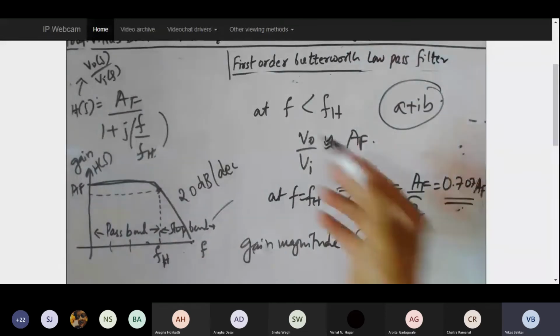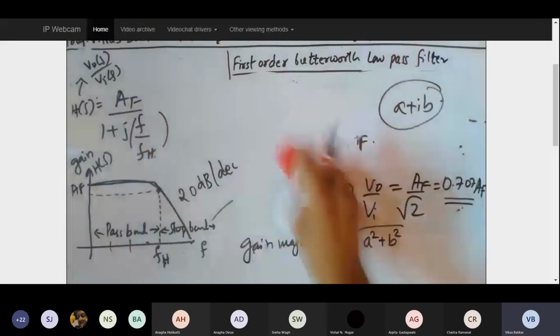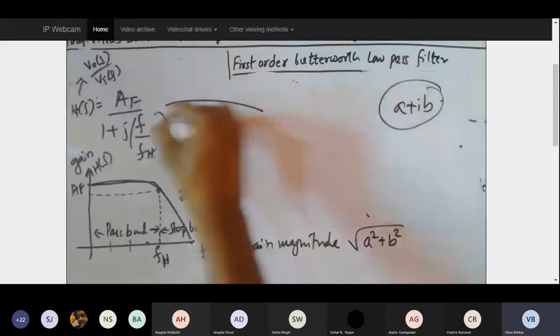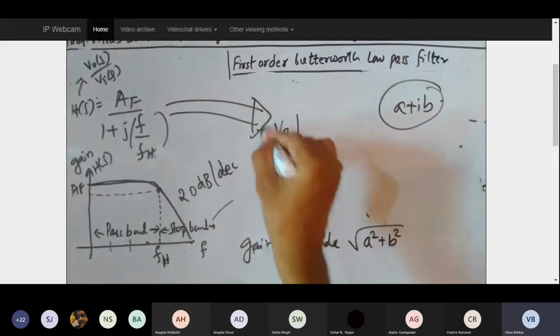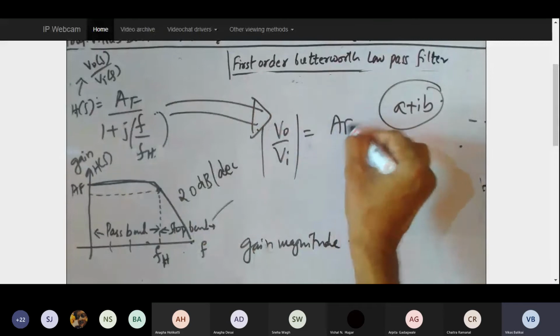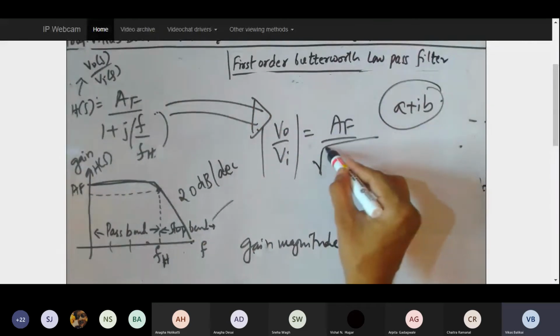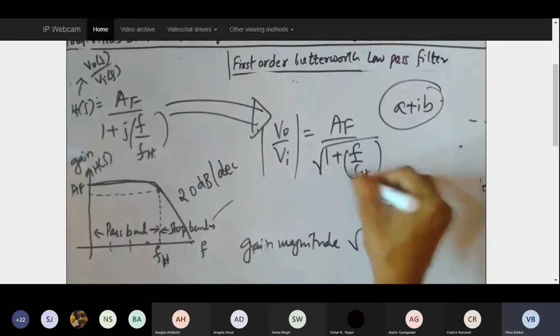So for the gain magnitude of this equation, V naught by Vi, the magnitude is given by AF, which will remain as it is because it is in non-polar form. The below term is represented as 1 plus F by Fh whole square, that is A square plus B square.